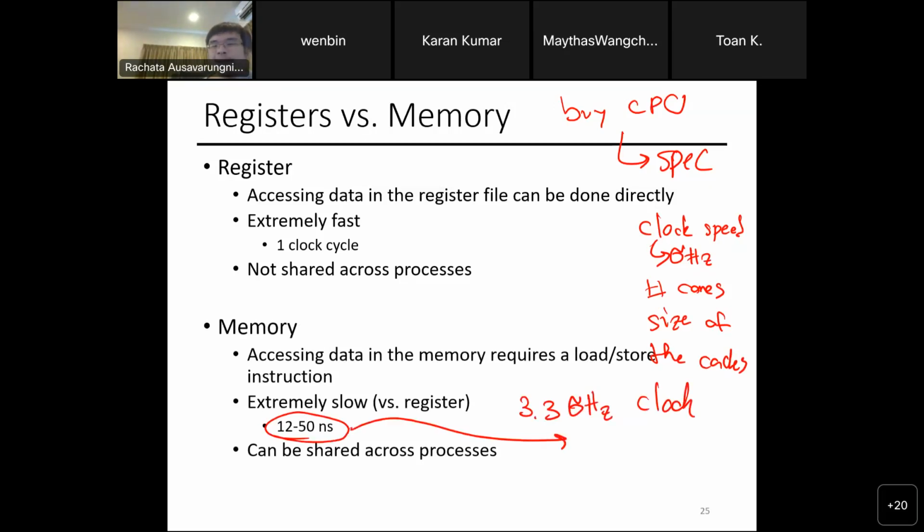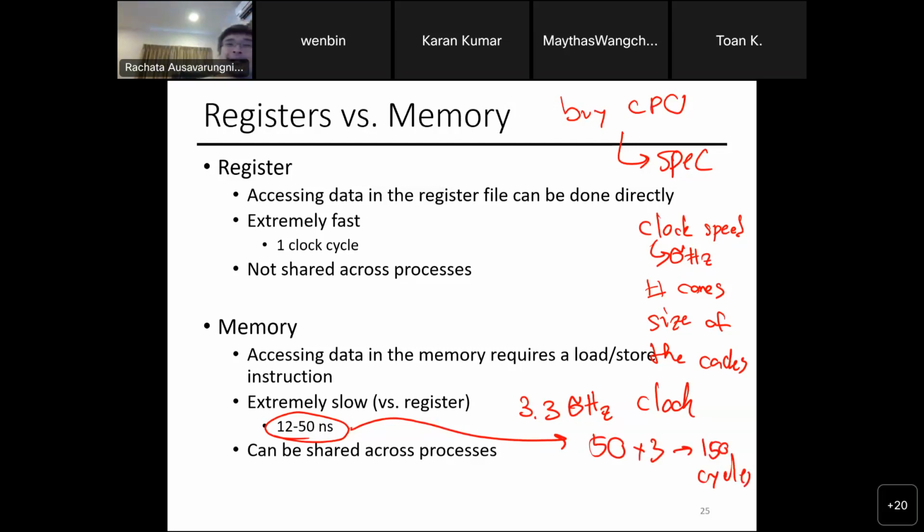How many cycles is 50 nanoseconds? In a 3.3 gigahertz clock, it's 10 over 3.3 cycles per nanosecond. So it's 3 cycles per nanosecond. You have 50 nanoseconds. How many cycles is that? It's 50 multiplied by 3. So this is 150 cycles.